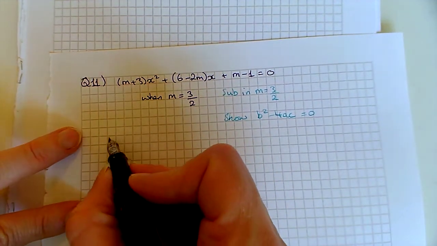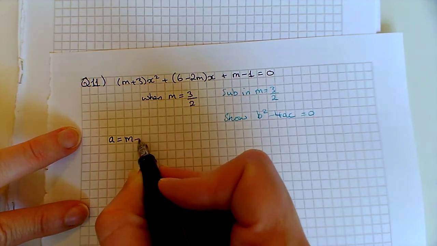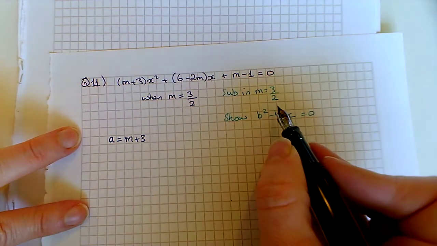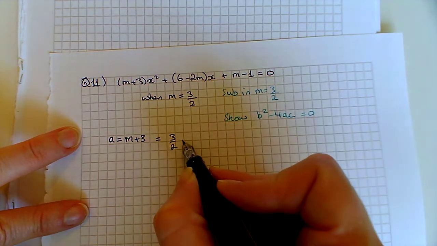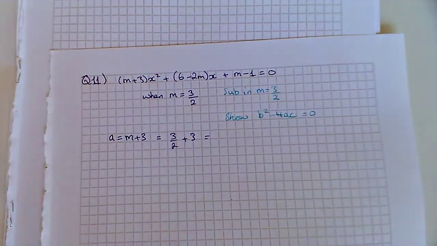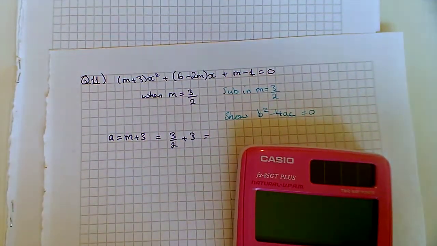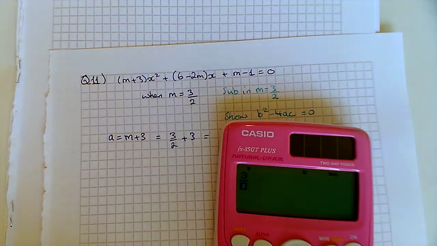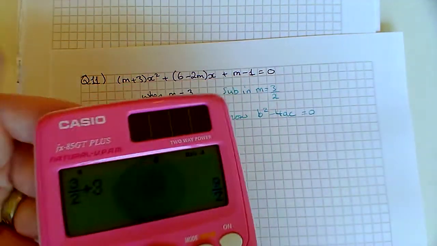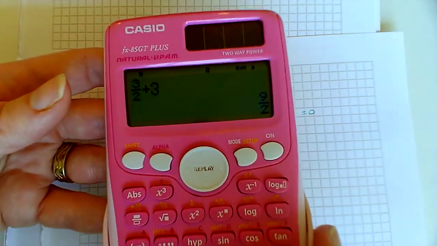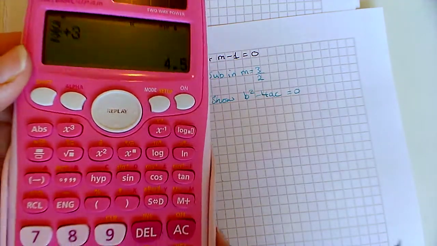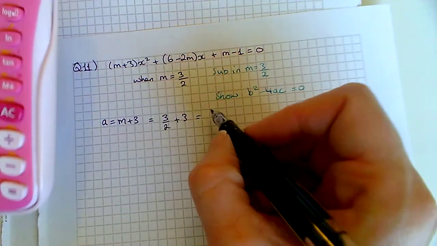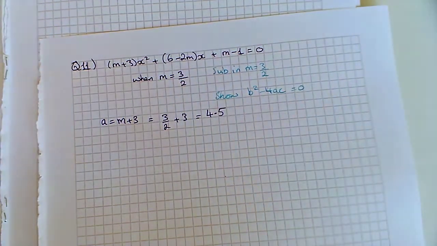So let's write down our values for A, B, and C. So A is m plus 3, but we know that m is 3/2. So that is 3/2 plus 3. Why not get our calculator to help us? So 3/2, or 1.5, plus 3 is equal to 9/2. Now, I'm normally a fan of leaving these things as fractions, but because this is such a simple decimal, 4.5, I'm actually going to change it to 4.5.